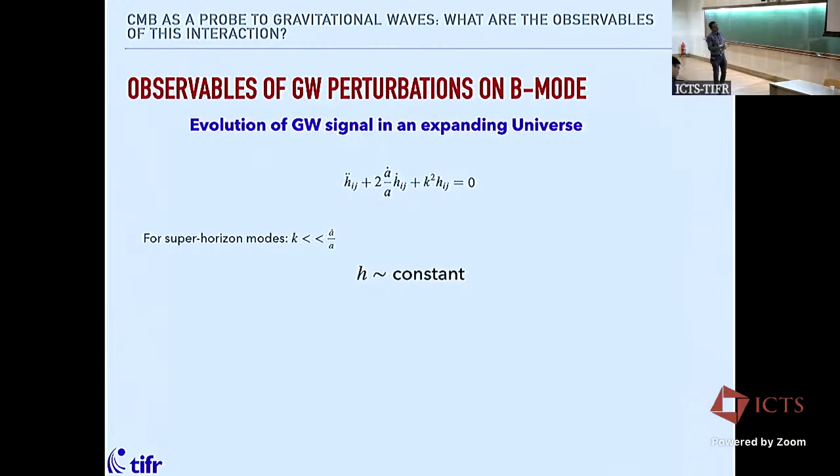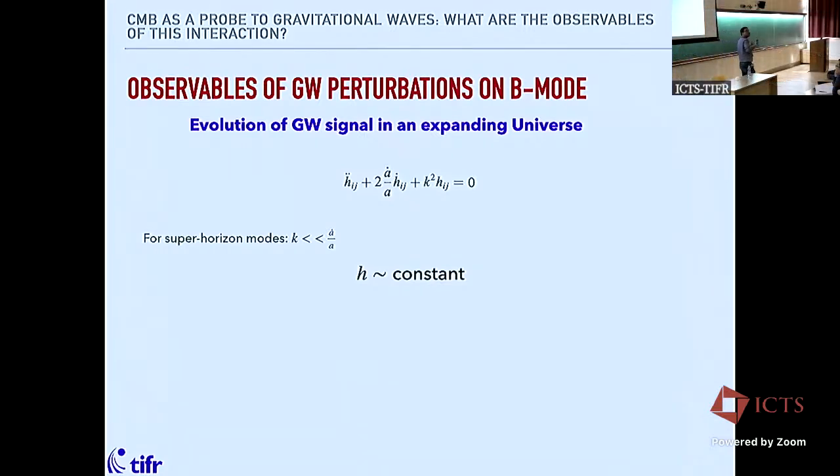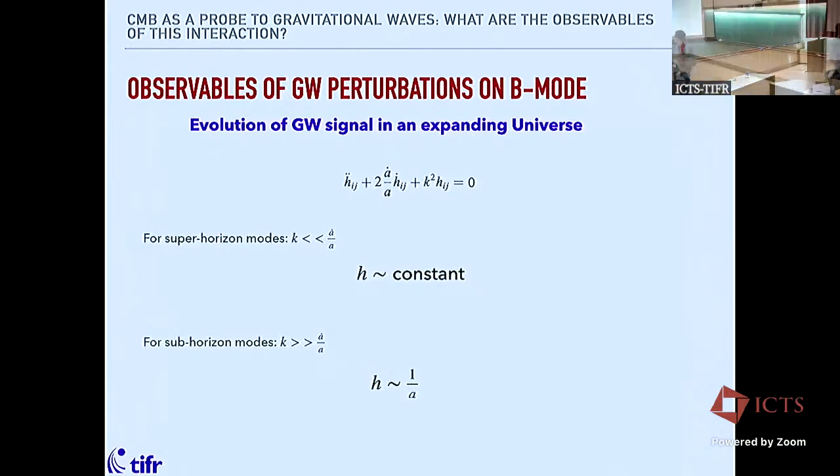If I take this equation and I am talking about those modes where this is tiny in comparison to this, you practically see all those modes are nearly constant. This doesn't grow in time. In the other limit, I'll soon show you an image on sub and super horizon, the amplitude typically scales as 1 over a.